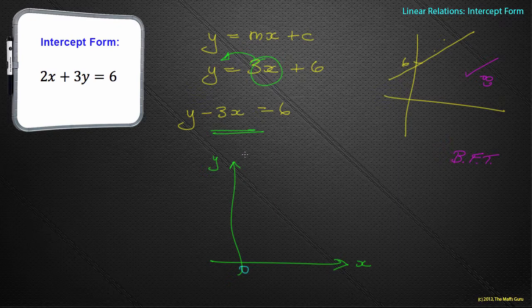So the y-axis can be written as x equals 0. All the points up that line are where x is equal to 0. So what about this line here? What about the x-axis? Well, once again, the x-axis is a horizontal line that goes through 0 for y as well. So hopefully you'll see that that can be written as y equals 0. So all the points up here are where x equals 0, and all the points along here are when y equals 0.